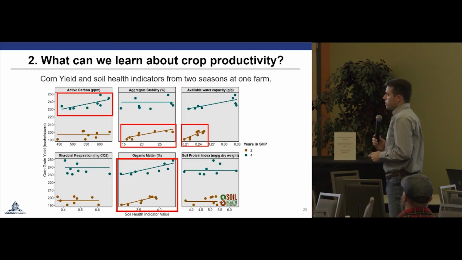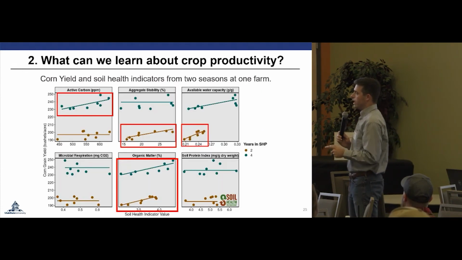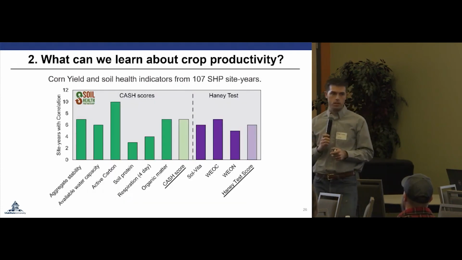This bar chart is showing a summary of 107 site years, so similar regression relationships. And I just wanted to show how many site years had a significant correlation.